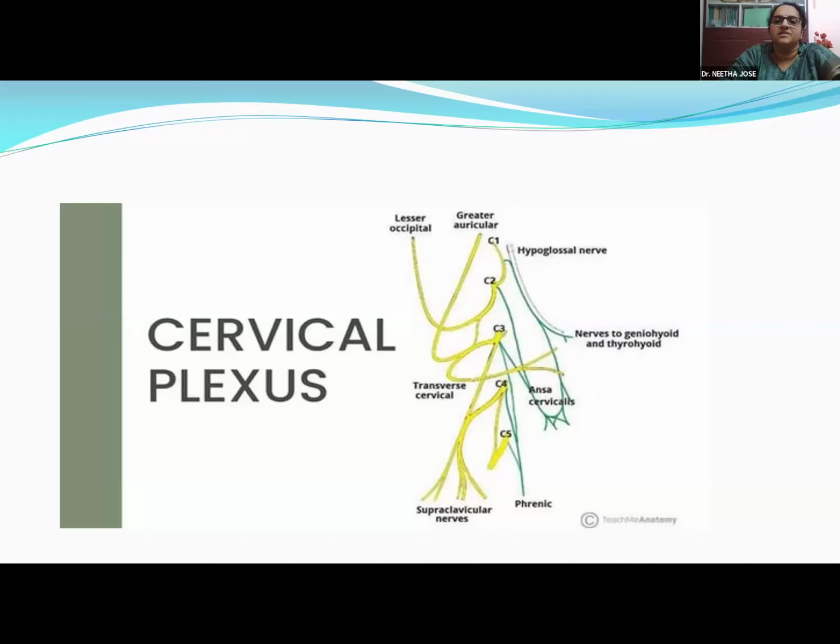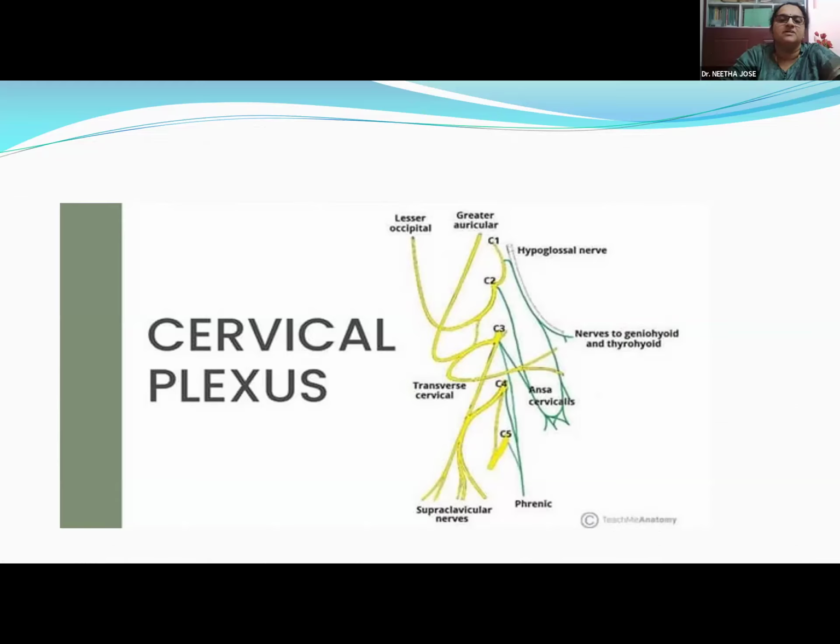The terminal branches emerge as 4 distinctive nerves from the posterior border of the sternomastoid muscle. The lesser occipital nerve is usually a direct branch from C2, and a branch from C2 and a branch from C3 combine to form the greater auricular and the transverse cervical nerves. Another branch from C3 and a branch from C4 forms a supraclavicular trunk, which forms the supraclavicular nerves.